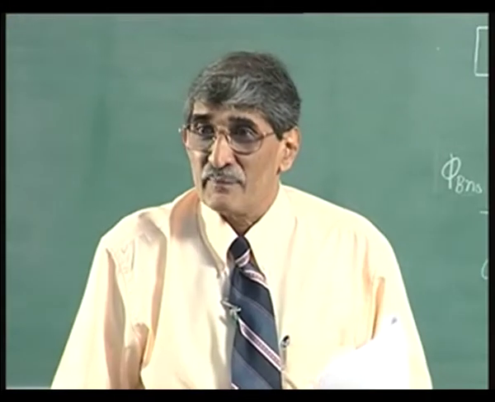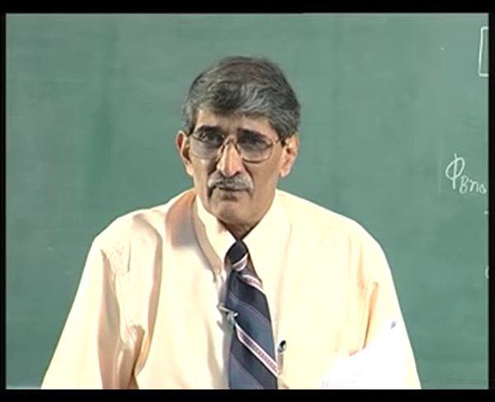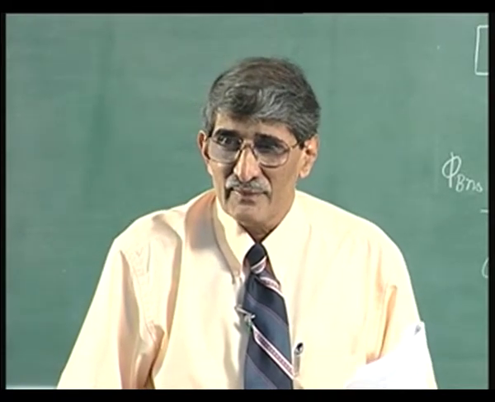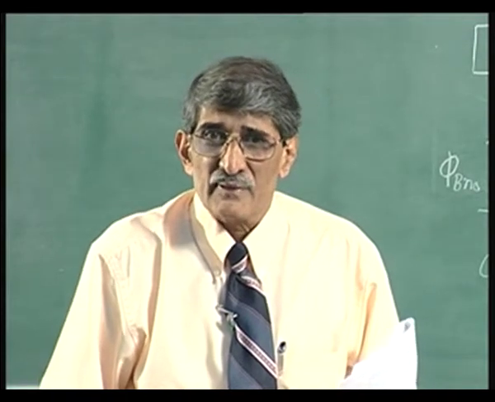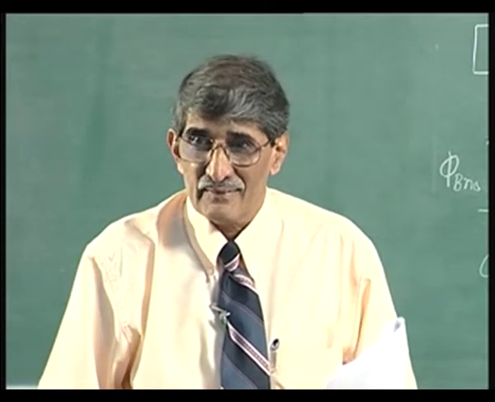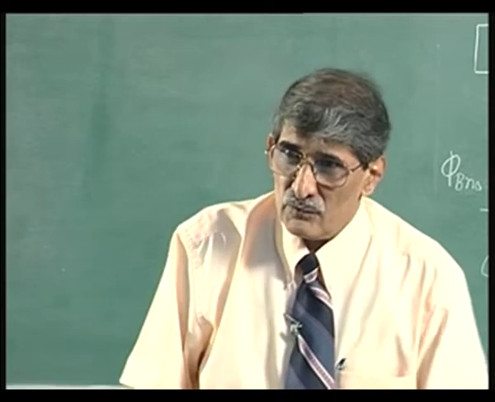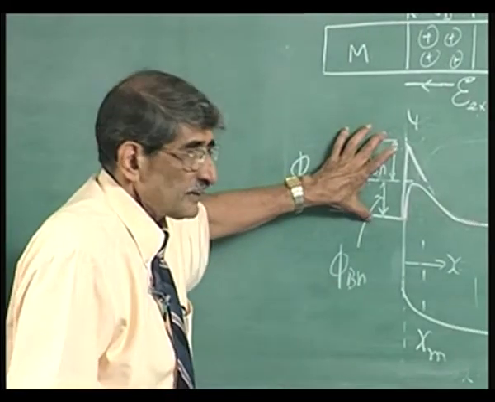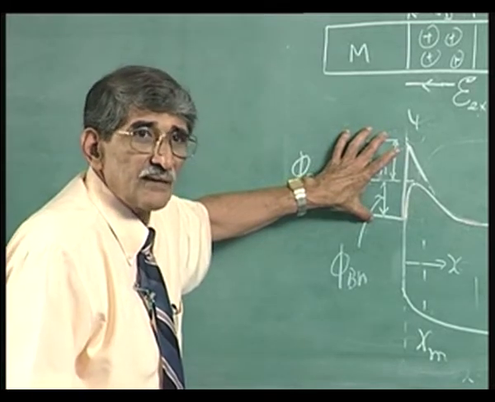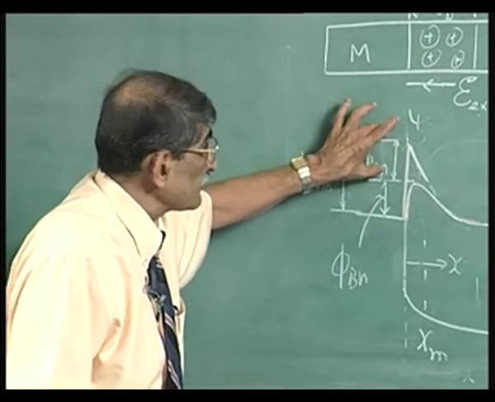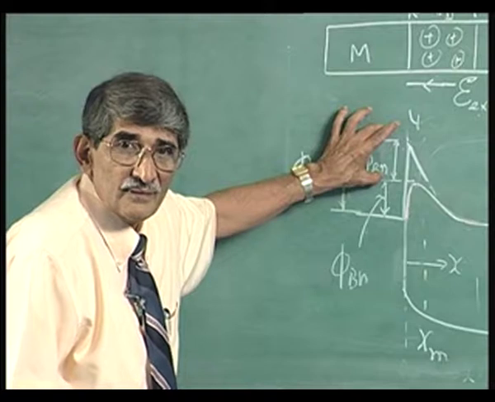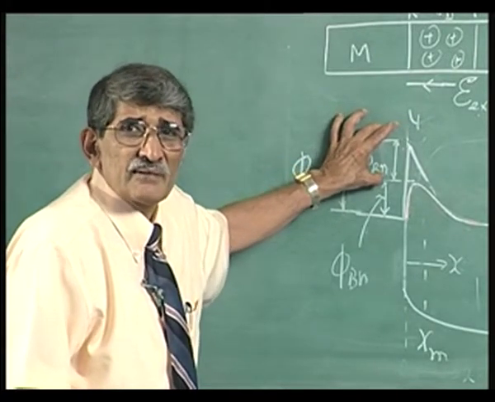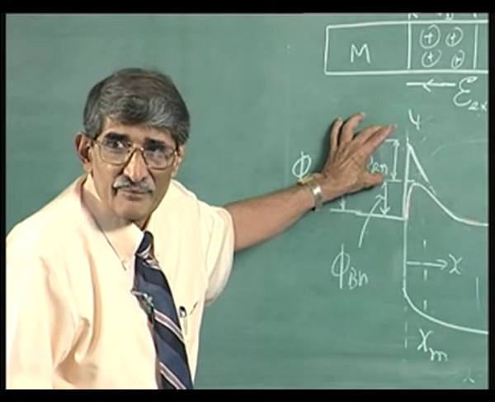So, that is not negligible, because after all the J naught value that you talk of is proportional to e to the power minus phi b n by v t. If phi b n naught is 700 millivolts and this is 35 millivolts, you will say 35 millivolts is small compared to 700 millivolts.